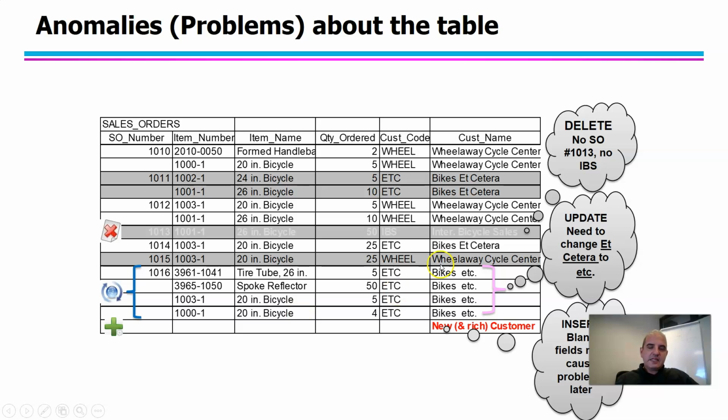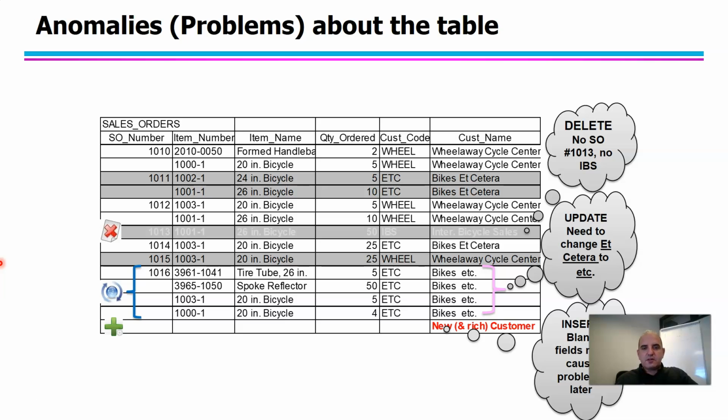We have the delete anomaly. Delete anomaly stands for this: when you manipulate data, from one perspective, you need to delete a row. But when you delete the row, as you know, you lose data, and some of that data you want to keep.